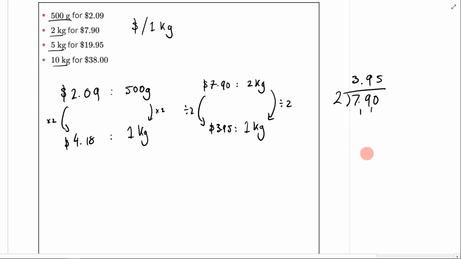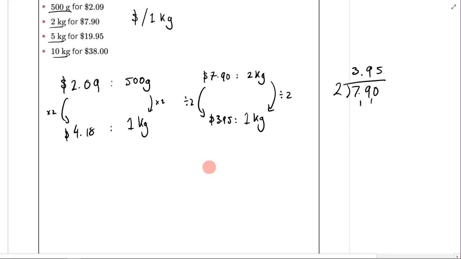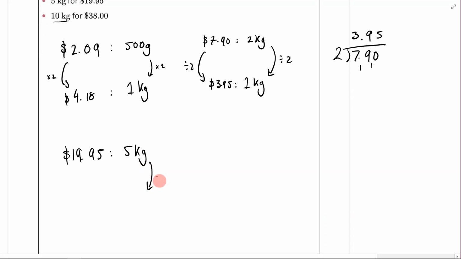Then we come down. We have to do it again. Now for this one, this is $19.95. A good year, 1995, for 5 kilos. I'm going to divide by 5. What is that? That's the ugliest looking 5 I've ever seen. Divide by 5. This will be 1 kilo. And then I have to figure out what 1995 is divided by 5. My goodness.